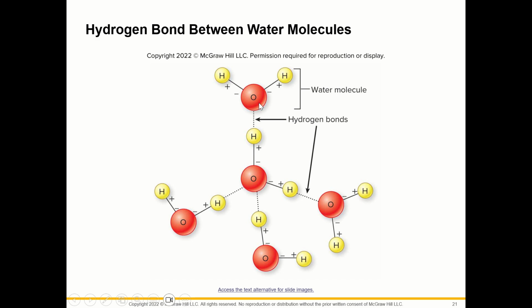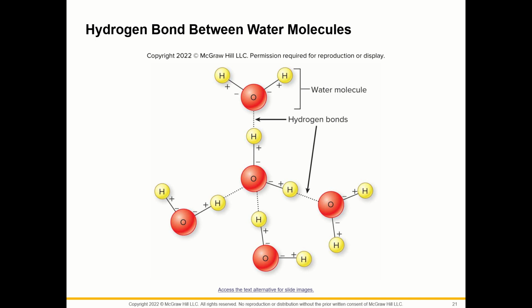The electronegative oxygen, electronegative meaning slightly negative, has that pull on the electrons. It's going to be attracted to the electropositive hydrogen of the other water molecule. When the water molecules are bonded together, that's called cohesion, and it gives water the property of surface tension.